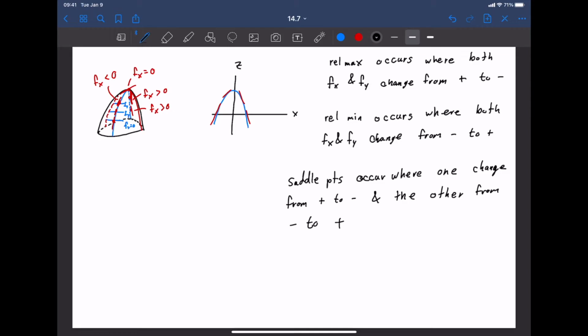In case you forget what a saddle point looks like, or maybe I haven't drawn it in a while, I keep calling it the Pringle type shape, where in one direction we're going up and then down, in the other direction we're going down and then up. So that would be a saddle point.